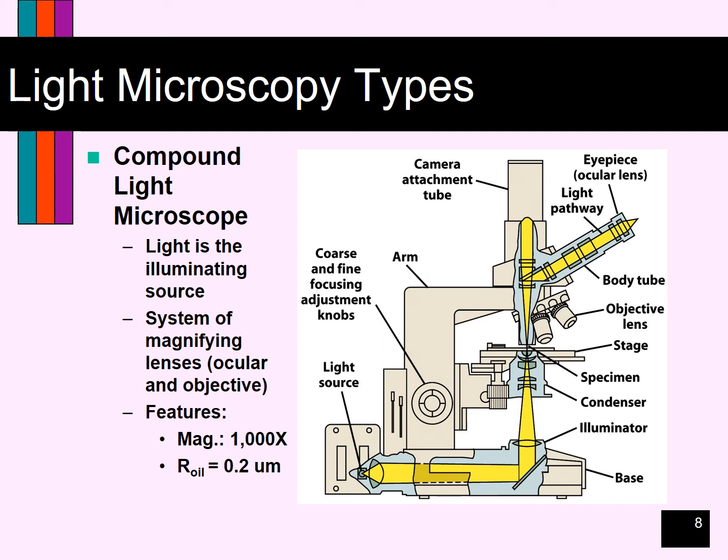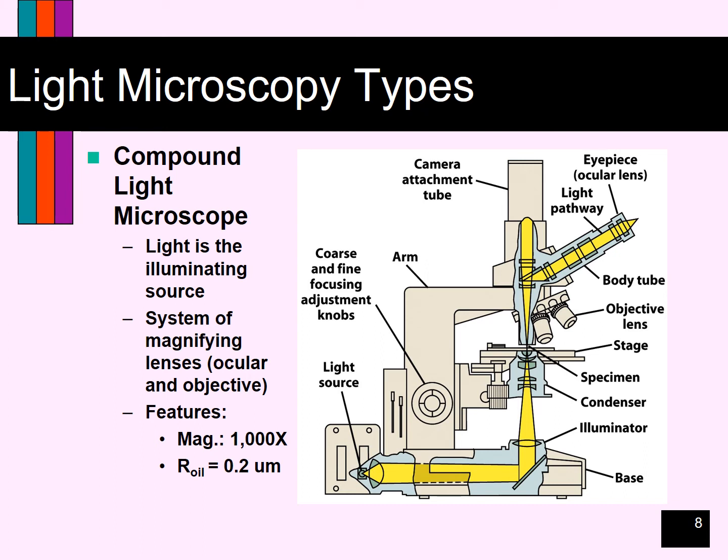Depending on which objective lens you're using, the 4x lens, the 10x lens, the 40x lens, or the 100x lens, you will magnify the image however many fold. When we talk about the features of a microscope, the two features of a useful microscope are magnification and resolution.